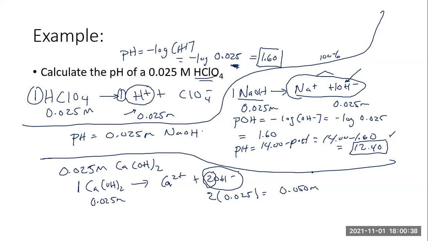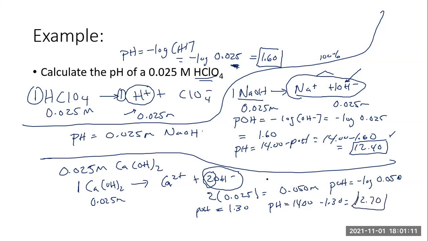We then could go into our pOH here, minus the log of 0.05, which gives us a pOH of 1.30. And then obviously to our pH, subtracting that from 14, we yield, it looks like, 12.70 as our pH.